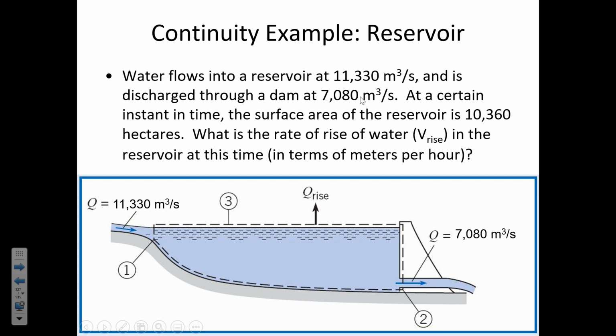I'm not playing any games this time with different time units or giving you one of them in mass terms. You've got volumetric flow in greater than the volumetric flow out, so you can determine the accumulation rate. What we want to know is the meters per hour that this reservoir is rising right now, at this instant in time, where we have a surface area of 10,360 hectares.